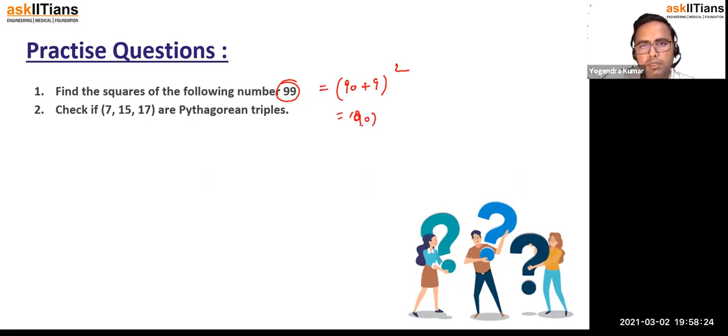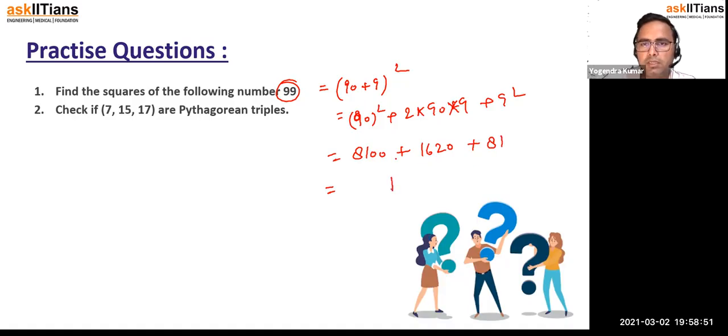Let me write first: 90 square plus 2 times 90 into 9 plus 9 square, which is 8100 plus 1620 plus 81. 9 nines are 81, 81 times double is 162, and 10 is there. I'm so sorry, it should be 0 here.